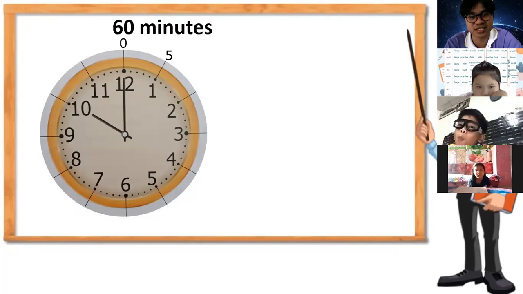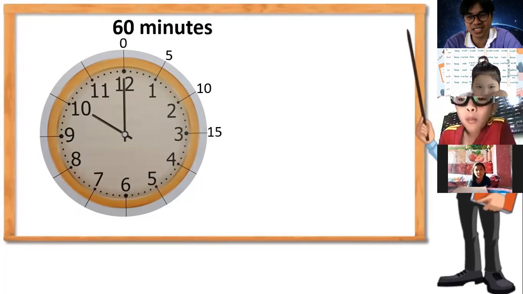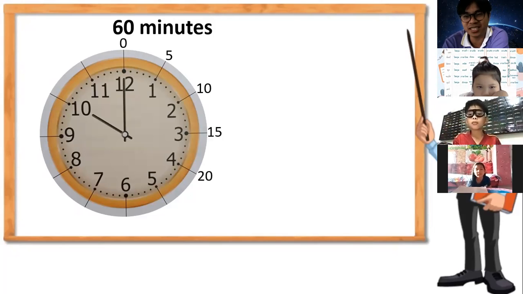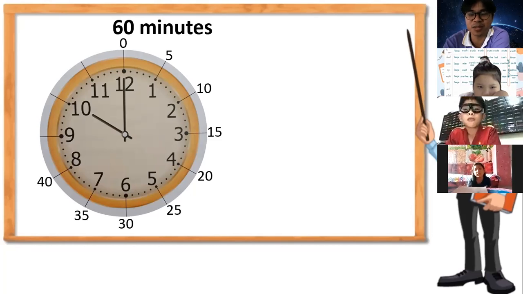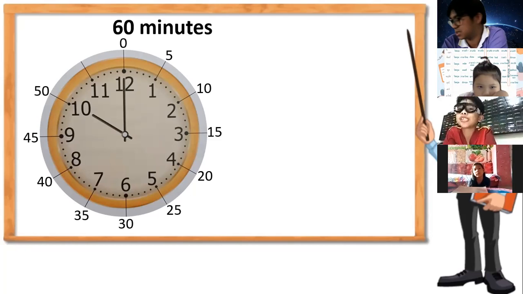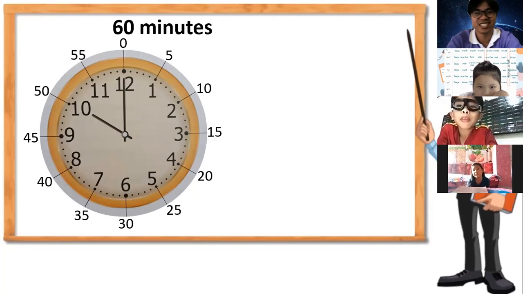Next number is 10 minutes, 15 minutes in the 3, 20 minutes, 25 minutes in number 5. In 6, 30 minutes, 35 minutes, counting by 5, 40 minutes, 45, 50, 55, and 60 minutes.